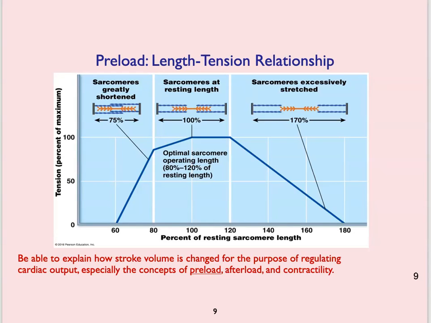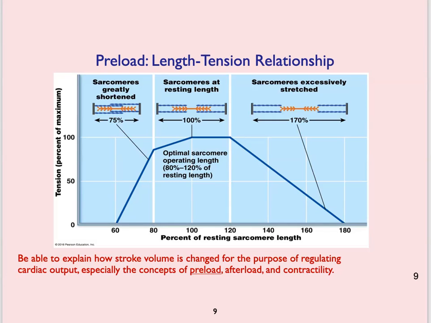Let's first take a look at preload, which is the first primary factor in stroke volume. Preload measures the degree of stretch of heart muscle just before its contraction. Cardiac muscle, similar to skeletal muscle, exhibits a length tension relationship.